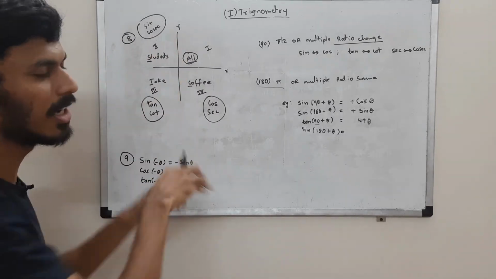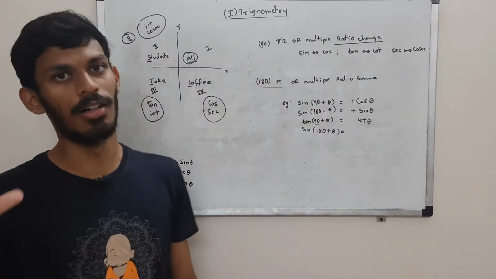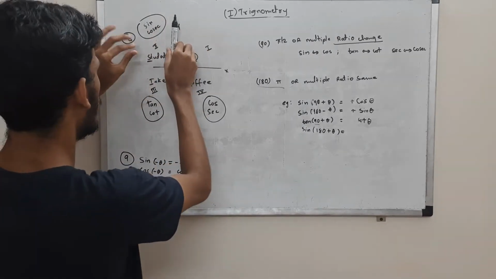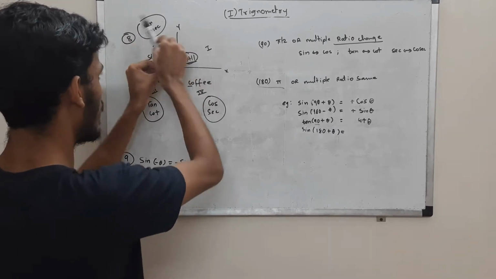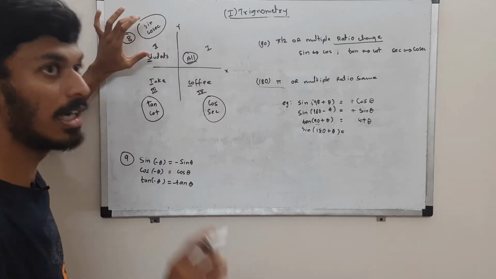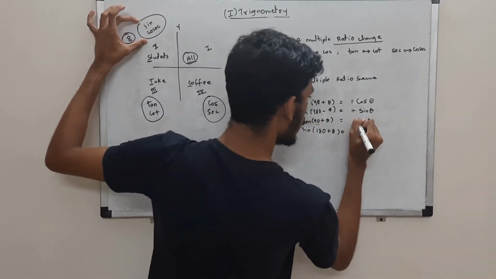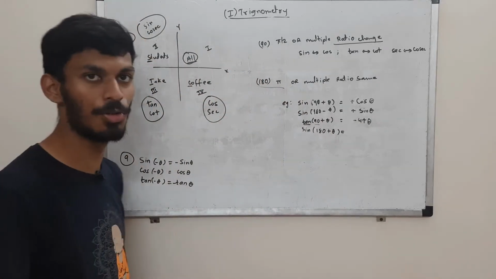Theta is generally acute, so it will not be greater than 90. So your angle will be somewhere in the second quadrant. In the second quadrant, tan is negative. Only sine and cosec are positive. Tan is negative, so here a minus sign will come.